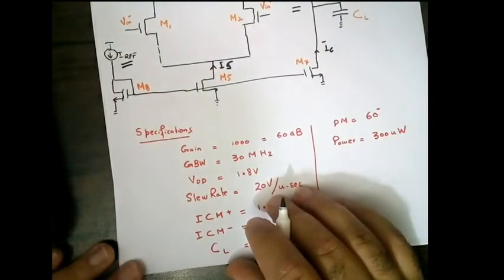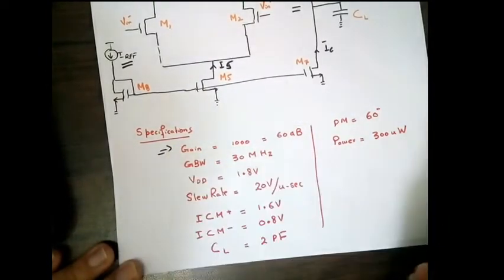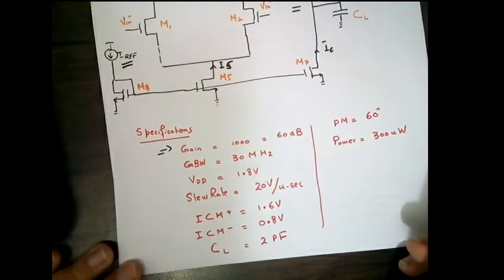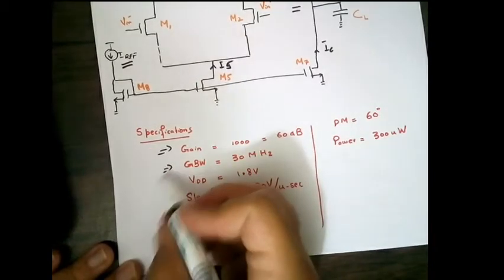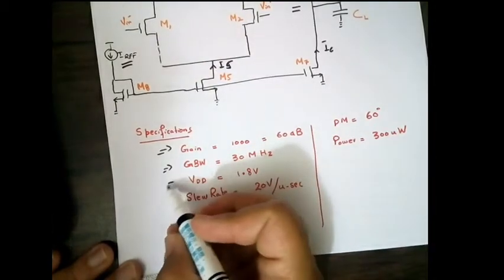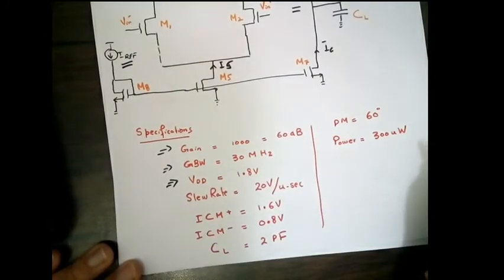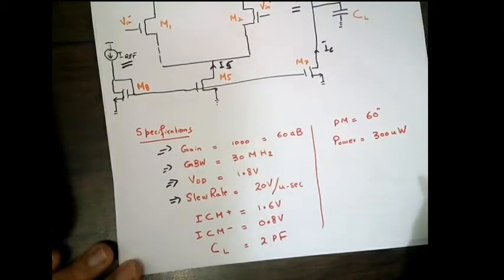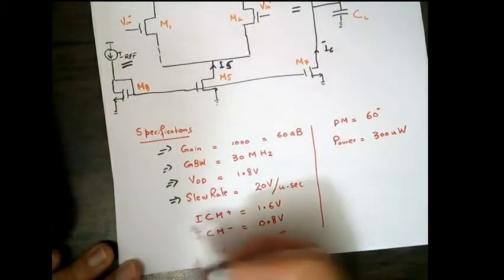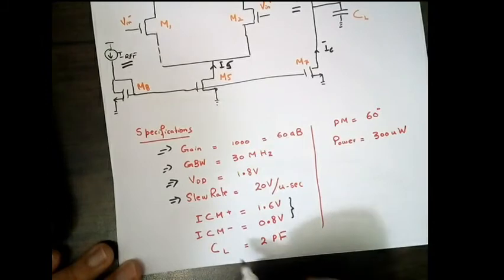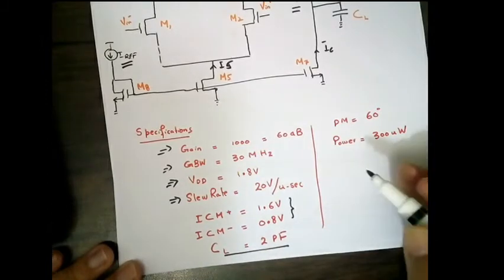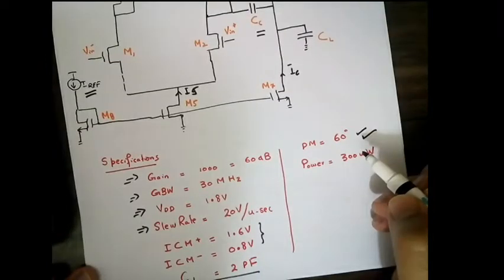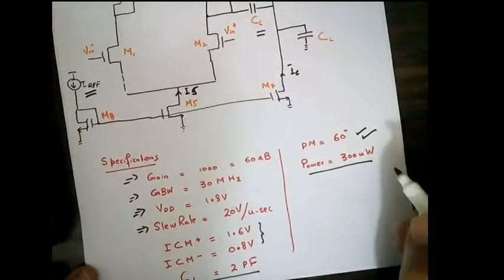And the specifications we placed last time, where we have a gain value of 100,000, meaning 60 dB, a gain bandwidth of 30 megahertz, supply voltage of 1.8 volts, slew rate of 20 volts per microsecond, common mode input range going from 1.6 to 0.8 volts, load capacitor of 2 picofarad, phase margin of 60 degree, and power consumption of 300 microwatt.